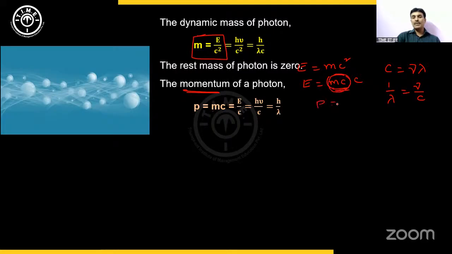So momentum is E by c, where E is h nu. Now again, for nu by c, you can write it as 1 by lambda. So that's why p becomes equal to h by lambda, or lambda is h by p.